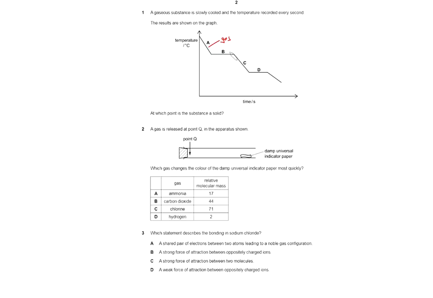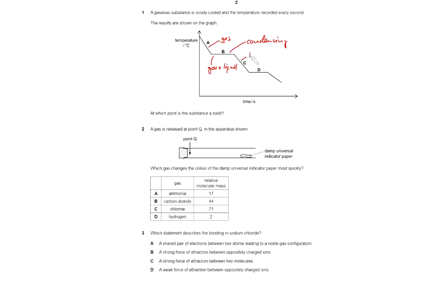Then at B, our substance is condensing, which means we have in this region a gas and a liquid at the same time. So the temperature doesn't change until all the substance has changed state to liquid. And then the temperature is further decreasing.